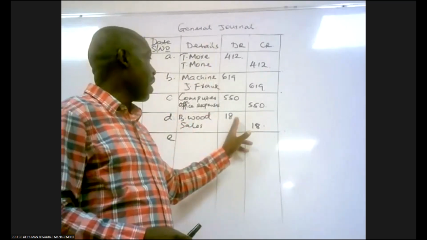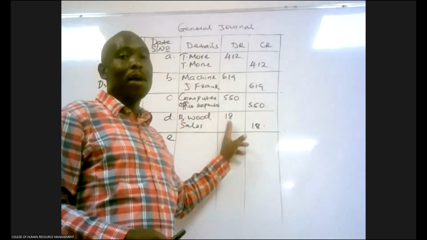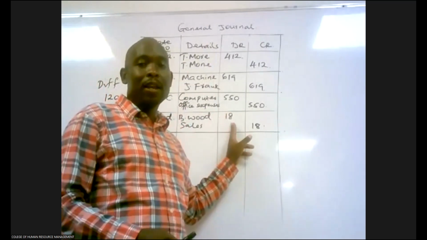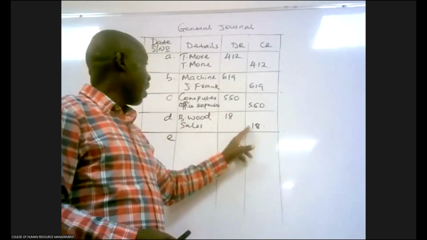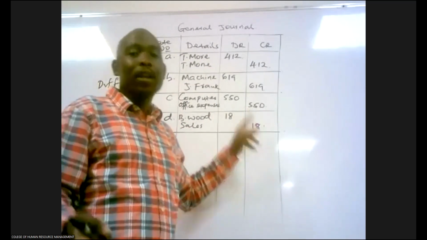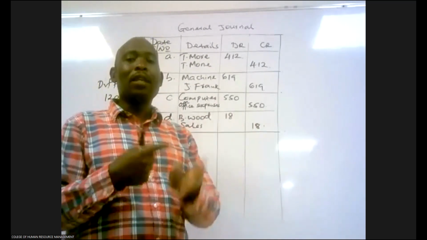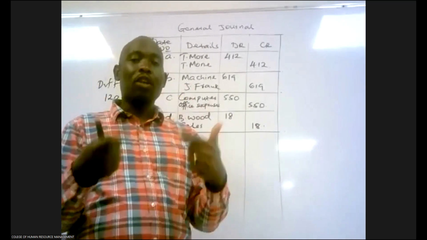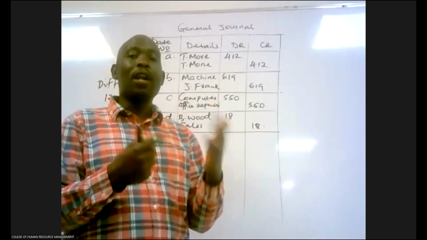So here we are adding, and B was debited by 102, so we are debiting again by 18. Again here, sales was credited by 102. We credit again because we are adding. But if we were to subtract as a result of an overcast, we would do the opposite.